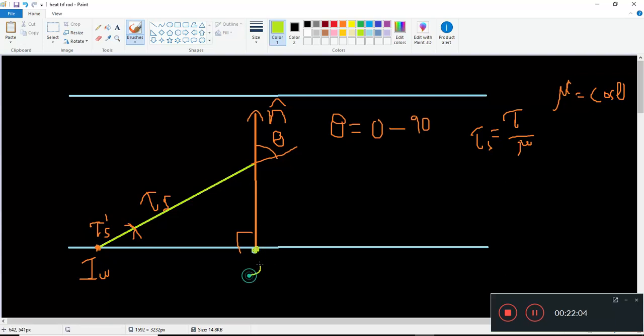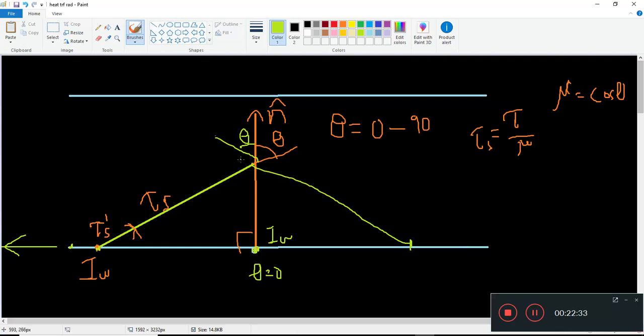So the I omega will be here. You increase theta, then maybe I omega will be here. You increase theta some more, I omega will be here, and you'll go all the way to the left, or depending on how the radiation is coming in, to the right. It doesn't really matter since it's azimuthally symmetric.